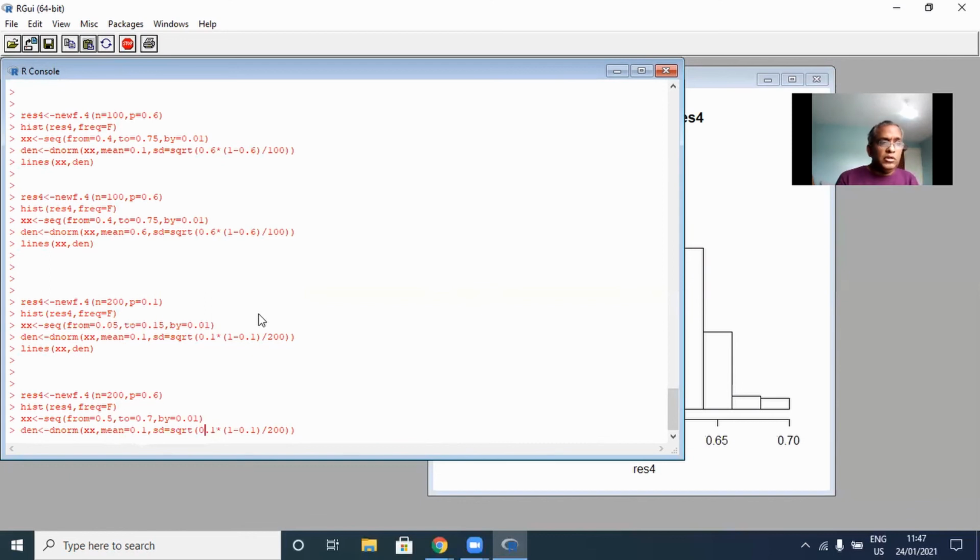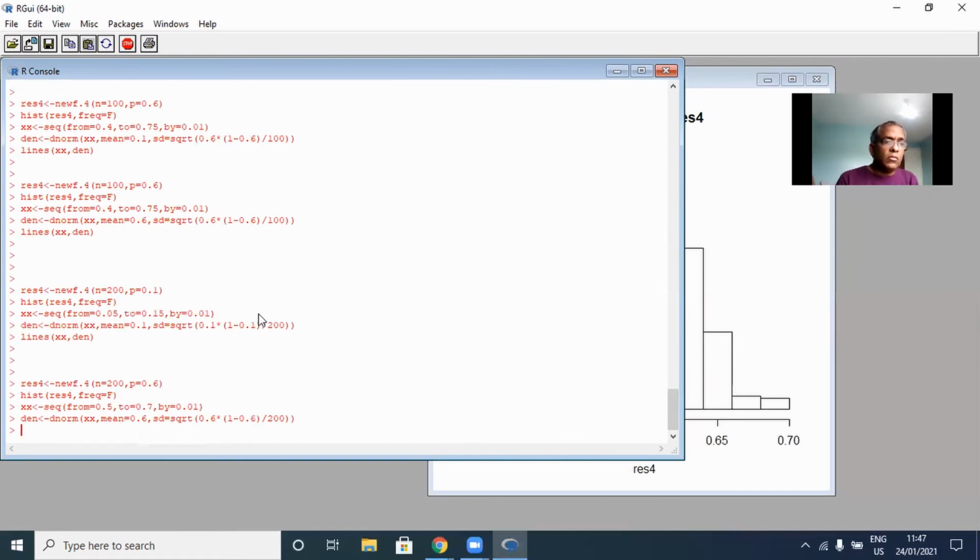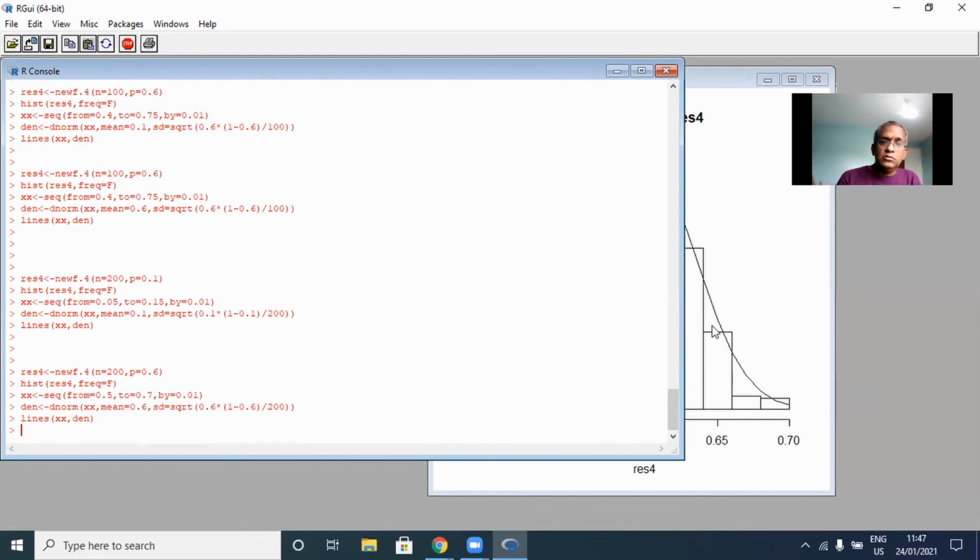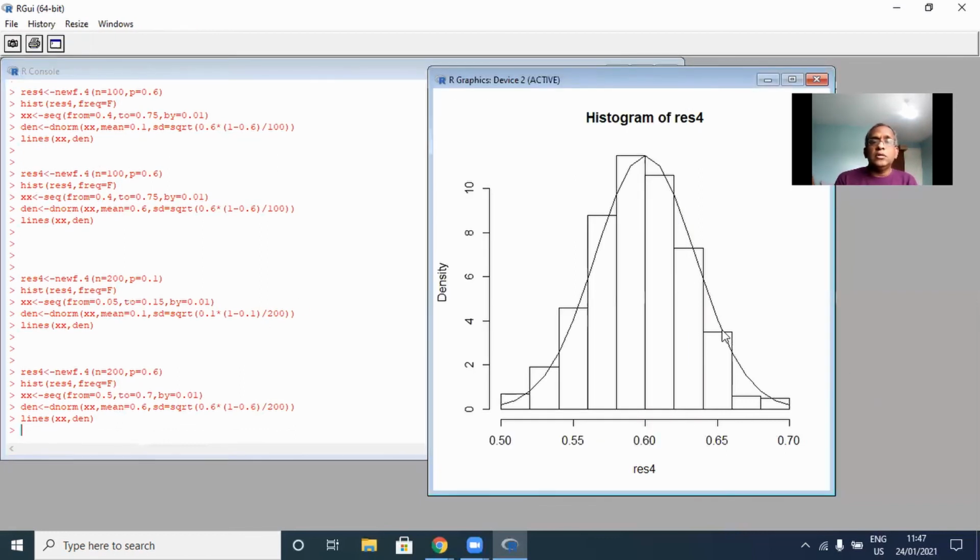This time your p should be 0.6. And finally do the lines. This is what you get. As you can see, once again, the fit of the normal distribution on top of the histogram is good.